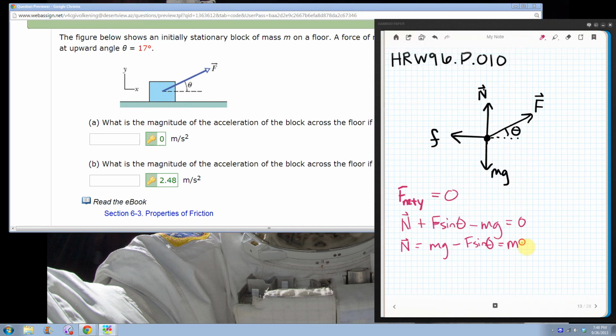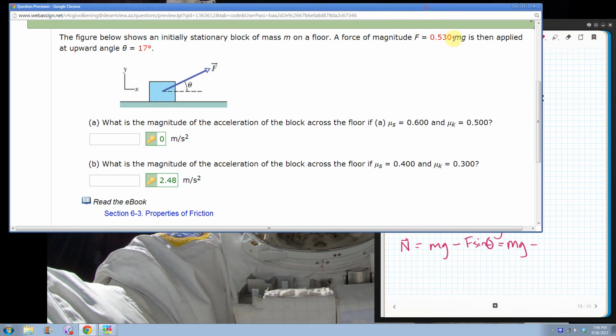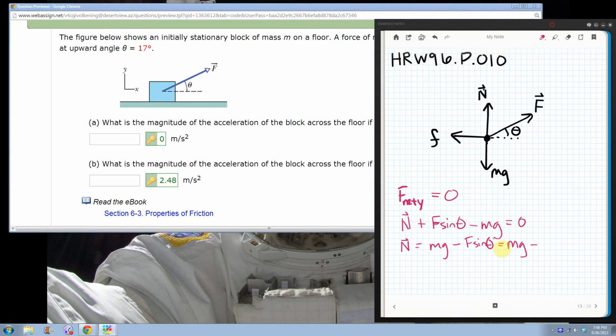So I've got mg minus 0.53 mg, and then I've got my sine theta on there. Okay, look, I can pull this mg out. So N is going to be mg times 1 minus 0.53 sine, and I'm going to go ahead and put theta in. My theta is 17 degrees.